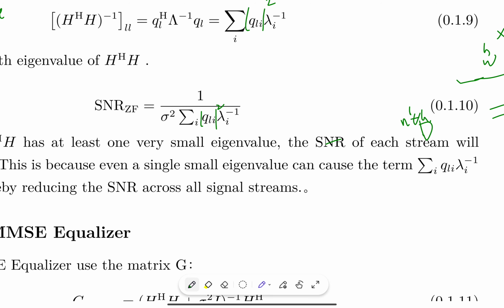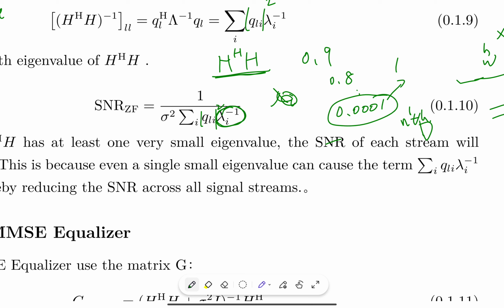If H and its eigenvalue decomposition contain some very small eigenvalue, that means even if only one lambda i is very small, such as 0.0001, when the others are around 0.9 or 0.8, then the inverse is very big, it's 10,000.